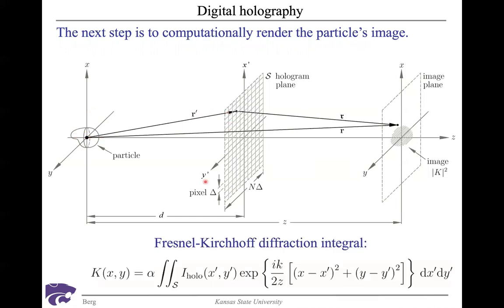We then use diffraction theory to simulate the process of re-illuminating this hologram with a plane wave, although we don't actually do that in a physical sense. We can do it computationally with this Fresnel-Kirchhoff diffraction integral. The result is a complex function in two dimensions along x and y axes, and if you take the absolute value of it, you get essentially a grayscale image of the particle that was observed during the measurements.